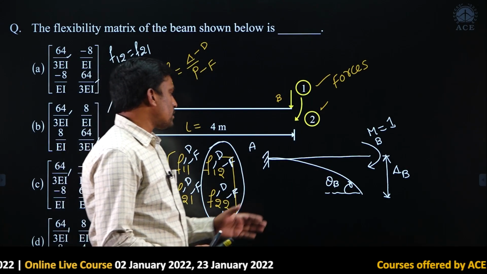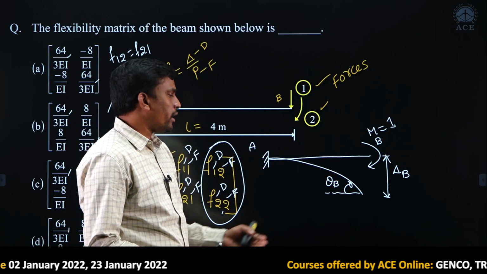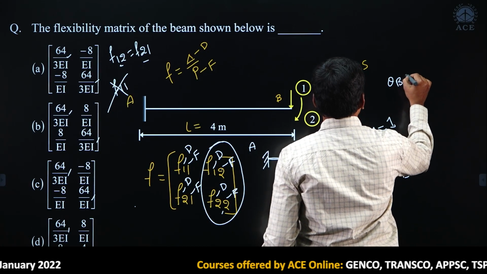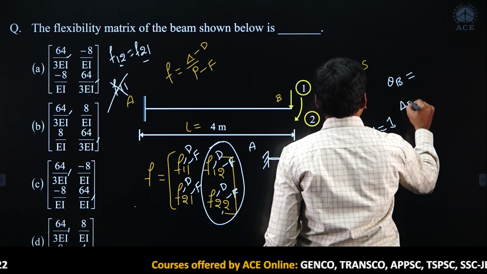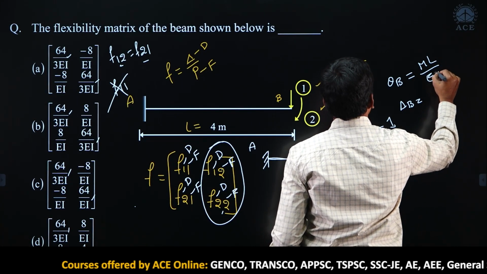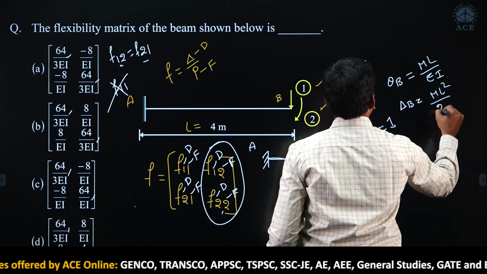Students, this is a cantilever beam subjected to a moment at the free end. What are the standard slope and deflection formulas? Slope at B is ML by EI and deflection at B is ML square by 2EI.